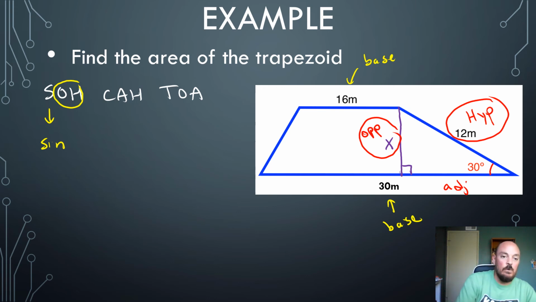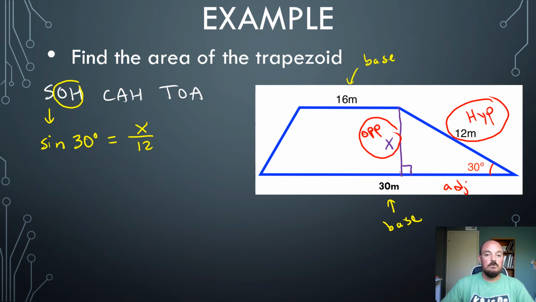Now after you figure out whether it's sine or cosine or tangent, you always write the angle. The angle in this problem is 30, so I have sine of 30. And then you do the SOHCAHTOA part. So remember, the O and the H give you a ratio or a fraction. SOH means sine equals opposite, which is x, over hypotenuse, which is 12. So we have x over 12.